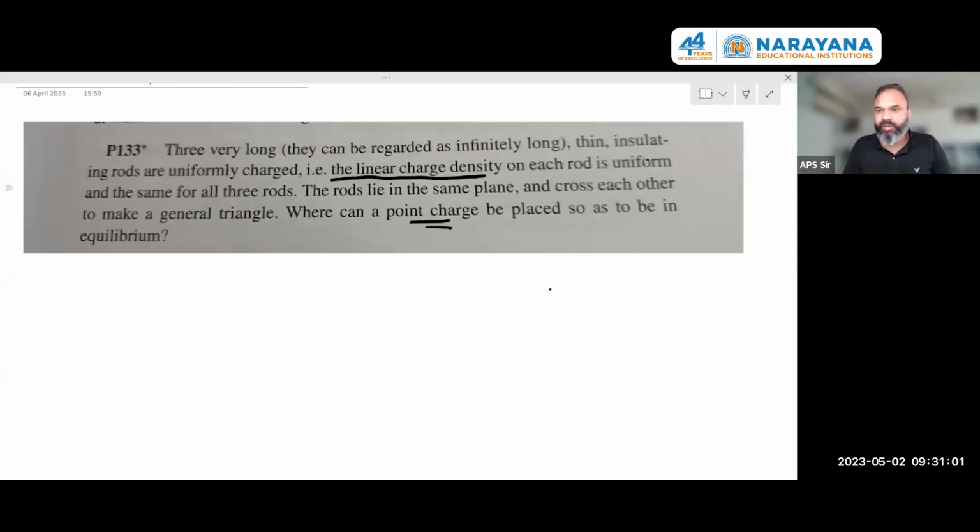Let me explain how the question is. You take three long, thin rods. They have uniform linear charge density, lambda coulomb per meter, that is given. And they are crossing each other randomly to form a triangle.